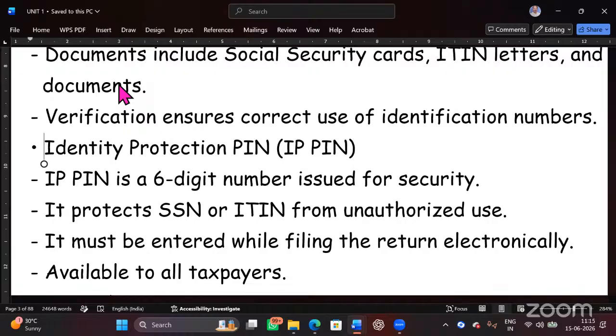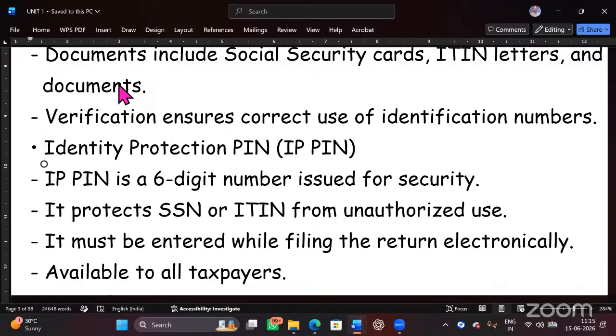If our social security number information is available to some random person, that person may misuse our social security number while dealing with the income tax department.